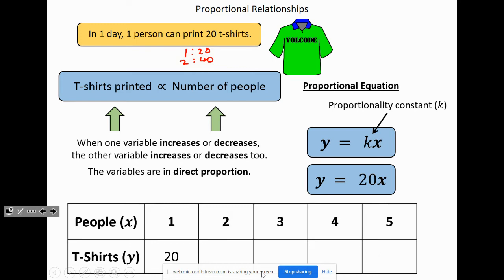So if one person can make 20 t-shirts, 2 people could make 40. 3 people could make 3 times 20, which is 60. 4 people could make 4 times 20, which is 80. And 5 people could make 5 times 20, so 100. Okay?